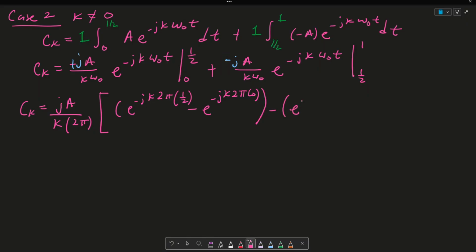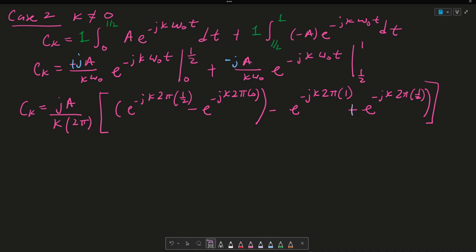Open it again, e to the minus jk 2 pi times 1 minus e to the minus jk 2 pi times 1/2. And what I'm going to do next is notice that if I distribute this negative, I get that this becomes minus here and this becomes plus here. All right, so that's a pretty simple step.